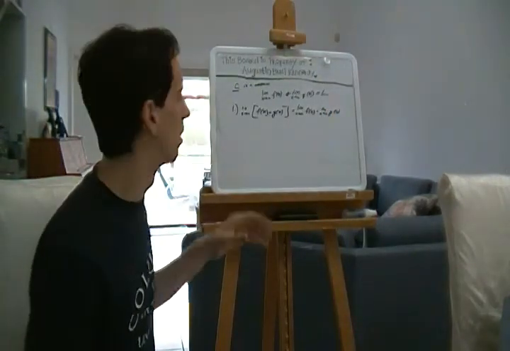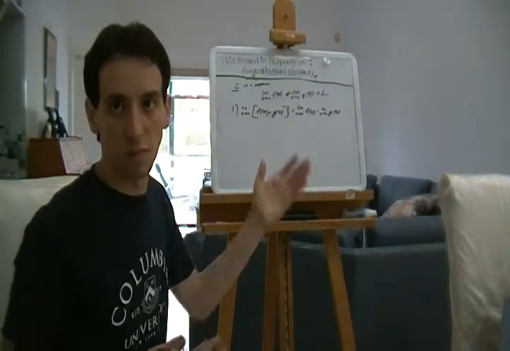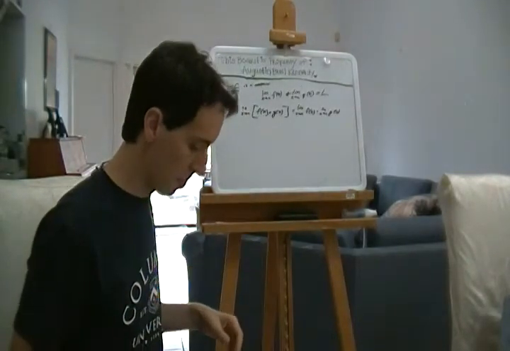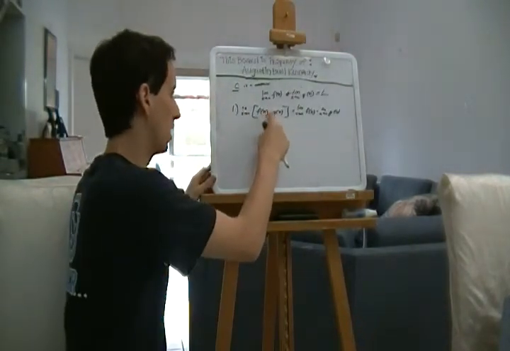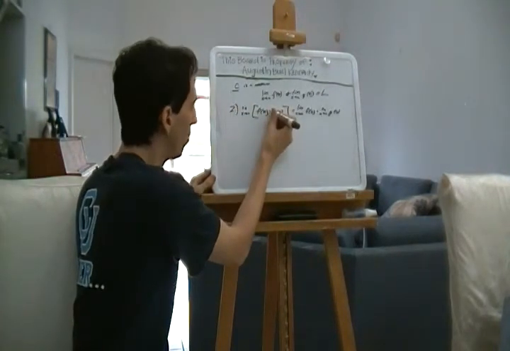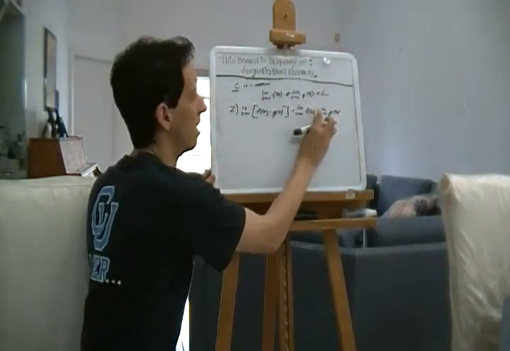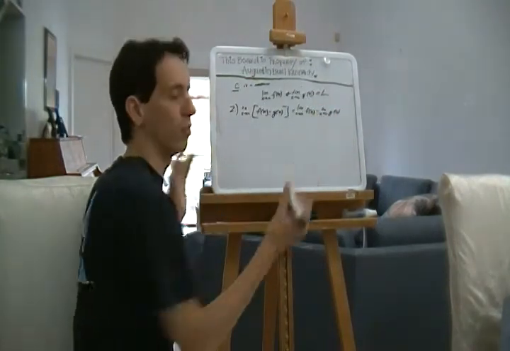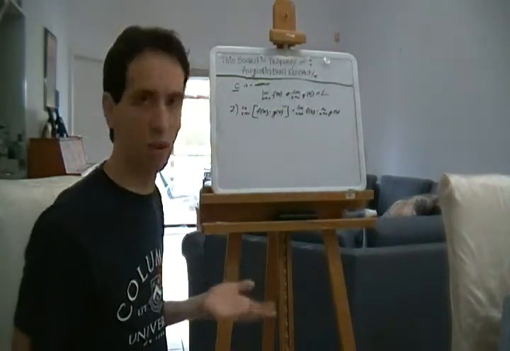In other words, the limit of a sum is the sum of the limits. Very easy. We can do the exact same thing here too by putting a negative sign there. The limit of a difference is the difference of the limits.